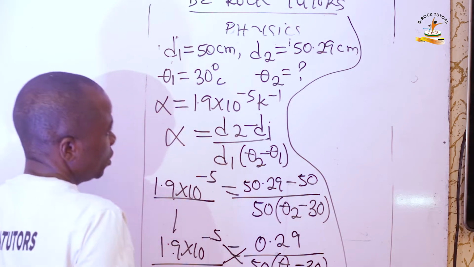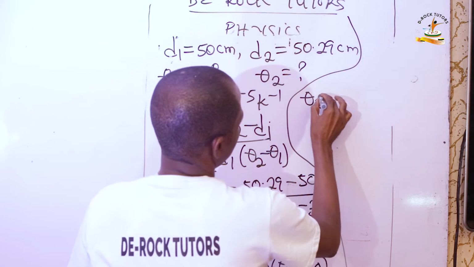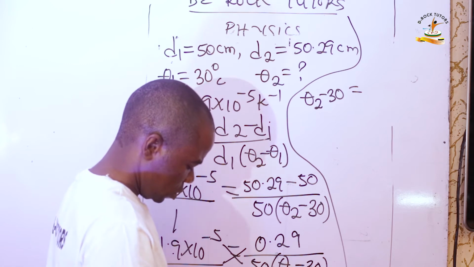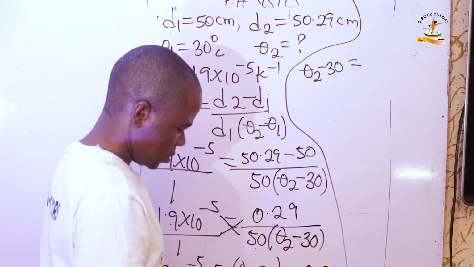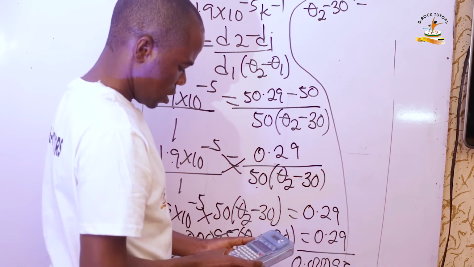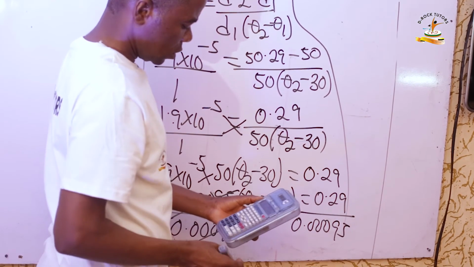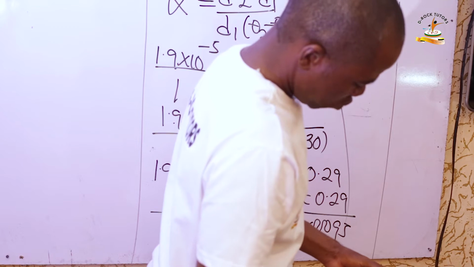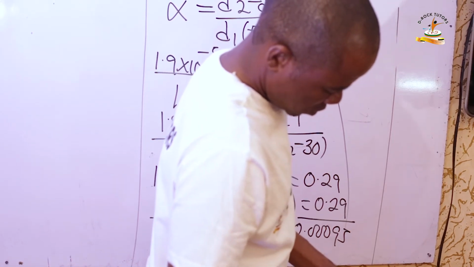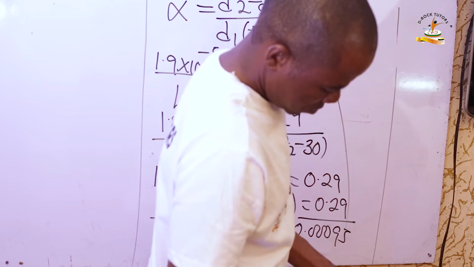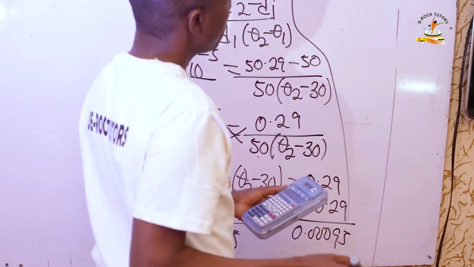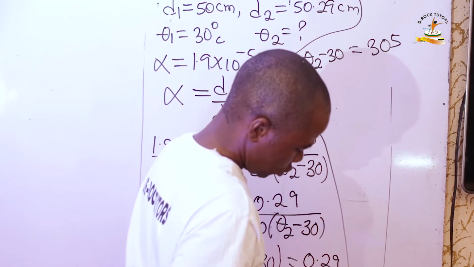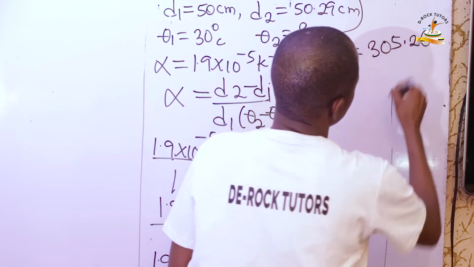This will cancel this, and then we are left with theta 2 minus 30 is equal to 0.29 divided by 0.00095. That gives us 305.26.